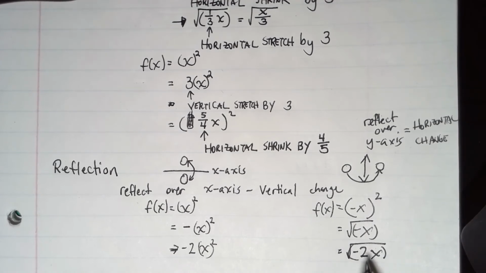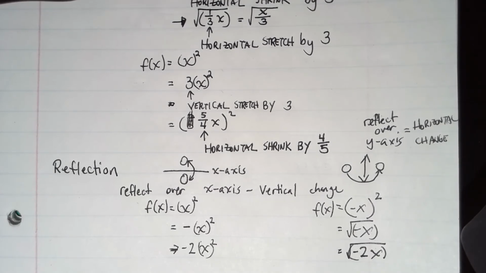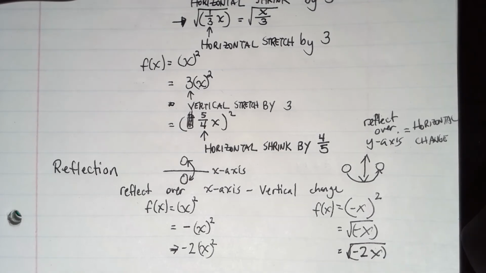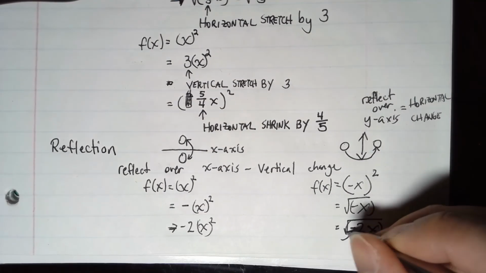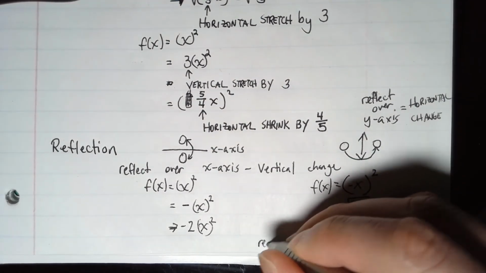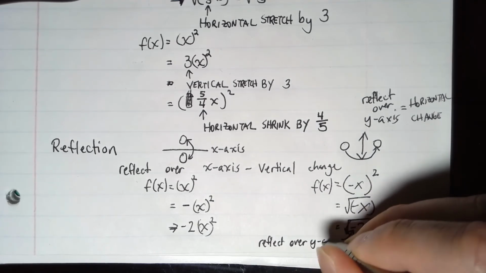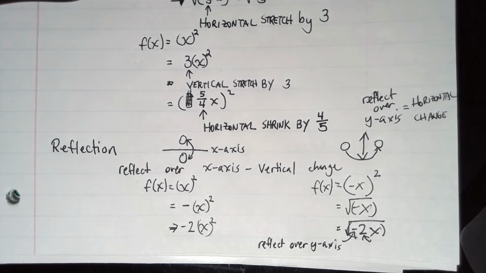The 2 here, you're multiplying the x by a 2. Since you're multiplying by a number, that's a dilation. Your inside is a horizontal dilation. So I know it's a horizontal dilation, it means two things. This right here is a reflection over the y-axis, and the 2 that you're multiplying by means you have a horizontal dilation.